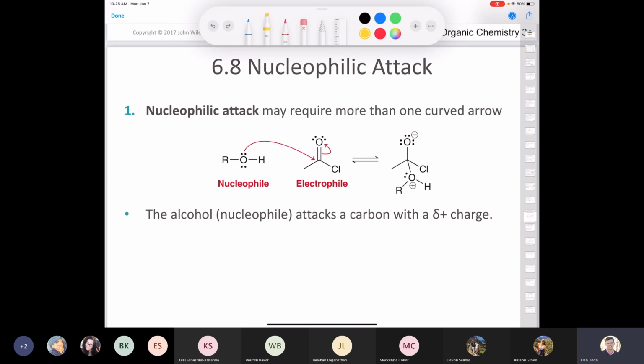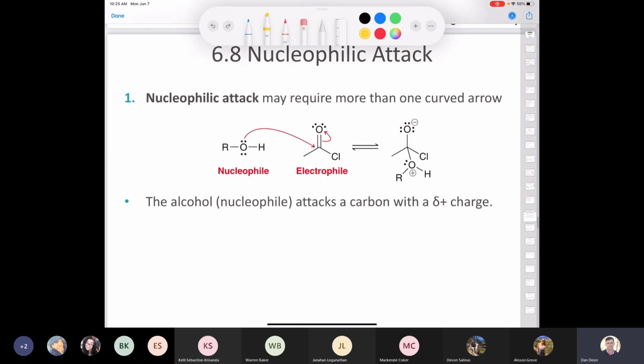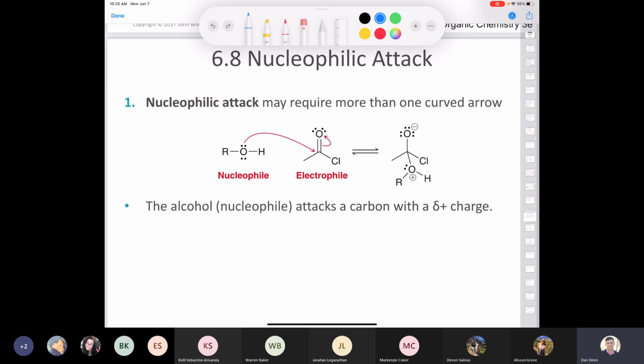There is another way you could think about this, because the electrophile that they've drawn here actually has a resonance structure like this, and you guys all know how to draw this resonance structure. Since we have a pi bond right here, we can draw this resonance contributor where we have a positive charge on the carbon and a negative charge on the oxygen.